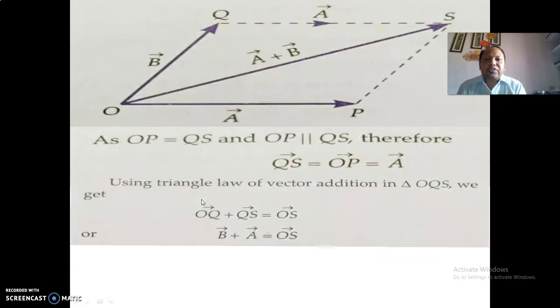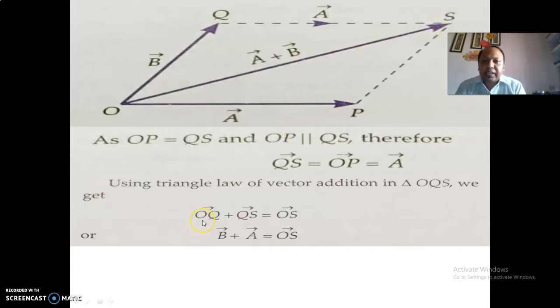Now we will use the triangle law of vector addition in the triangle OQS. O, Q and S, this triangle we are considering. In this triangle, vector B and vector A, that is vector OQ and vector QS, are taken along the same direction, that is they are having the same order. Then the resultant will be given by vector OS, which is in the opposite order.